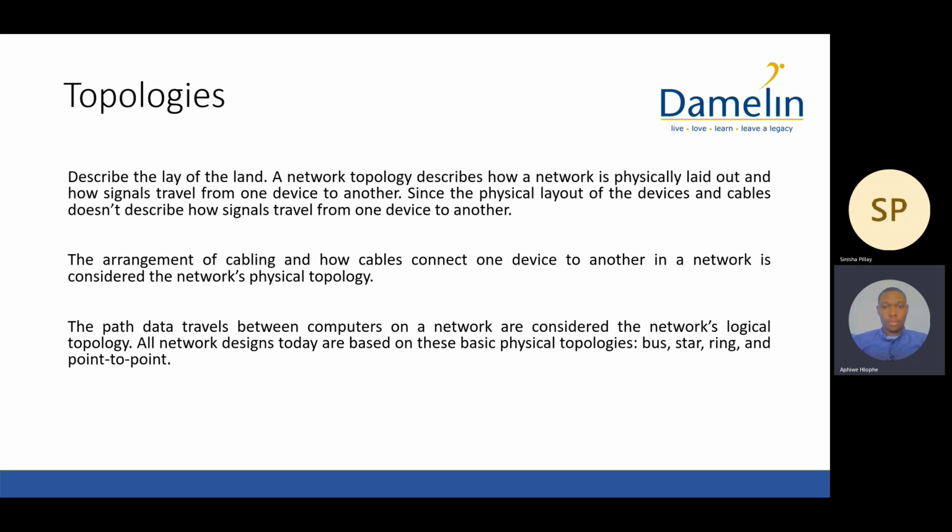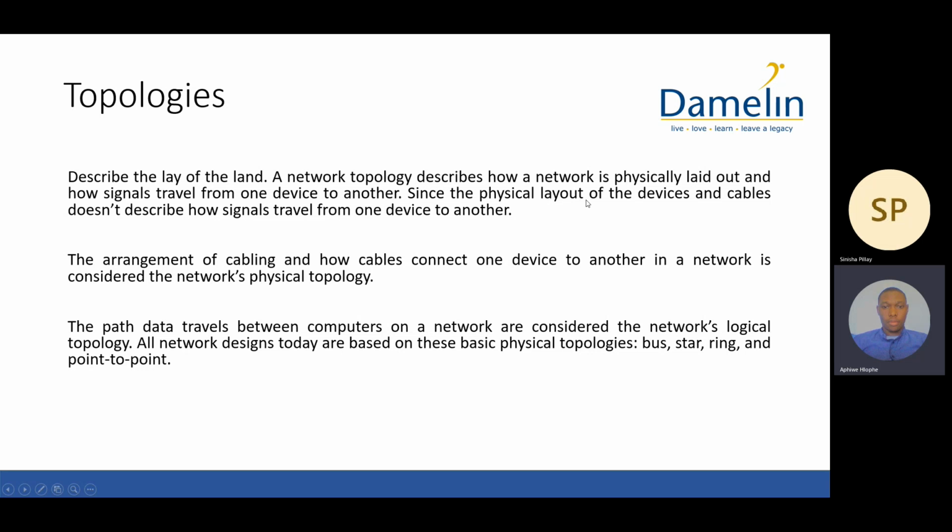So what is a topology? In simple terms, a topology can be defined as the shape or the layout of the network. They say it describes the layout of the land. A network topology describes how a network is physically laid out and how signals travel from one device to another.